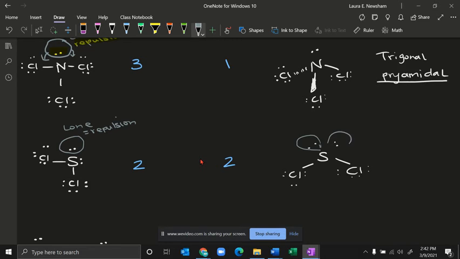That helps me remind myself that there's a repulsion going on. It's up to you, but that repulsion is there on that shape. Sometimes you'll see the shape without the lone pairs on top. That's also fine. But when we draw it, we're going to include it. So this is a bent.